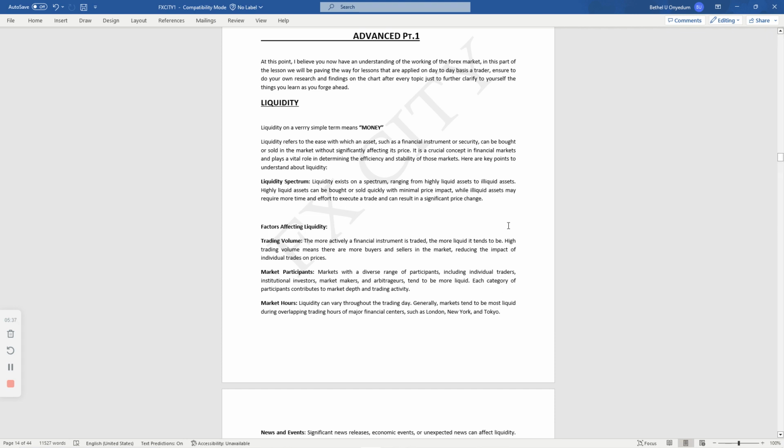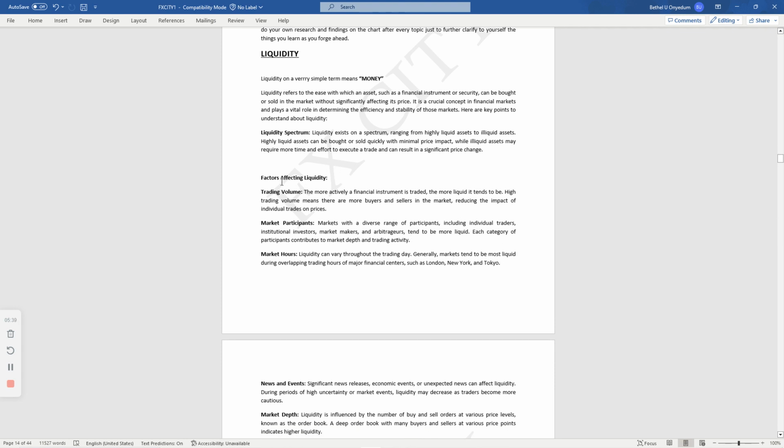So, factors that affect liquidity. Let's say the liquidity spectrum. Liquidity exists on a spectrum ranging from highly liquid assets to low liquid or illiquid assets. As I mentioned, I mentioned BTC, I mentioned GBP and USD.